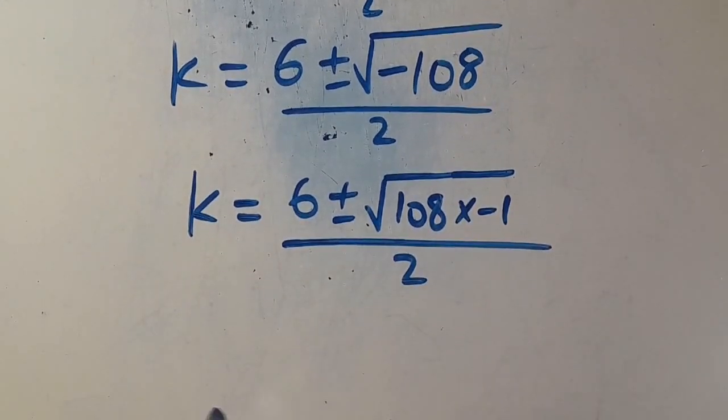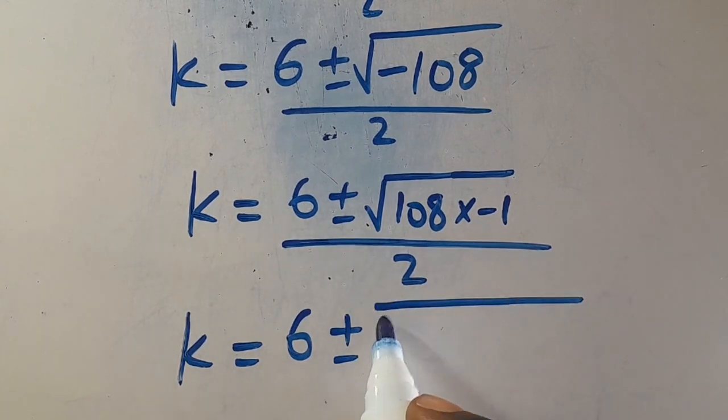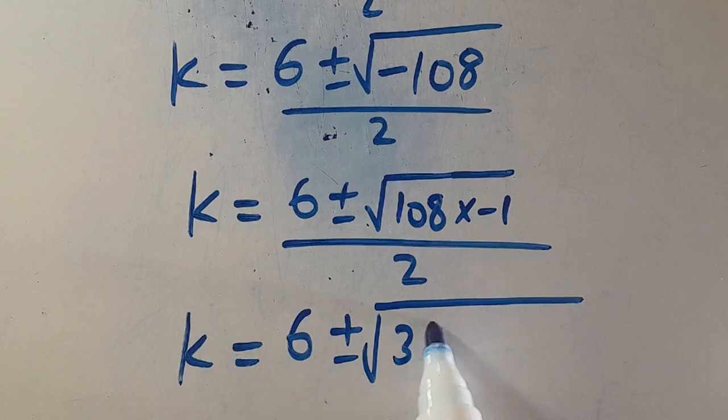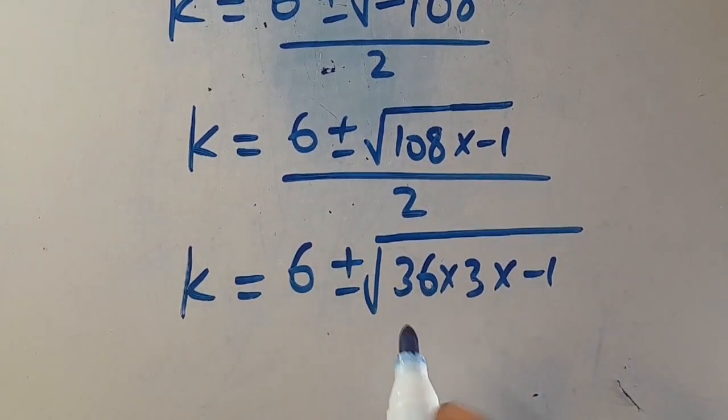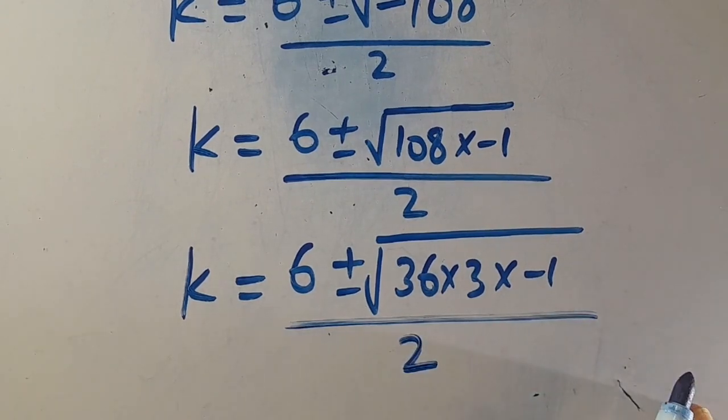So we have k equals 6, positive or negative. We can also write this 108 as 36 times 3 times minus 1, then divided by 2.